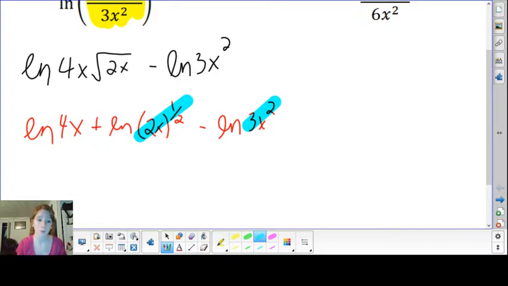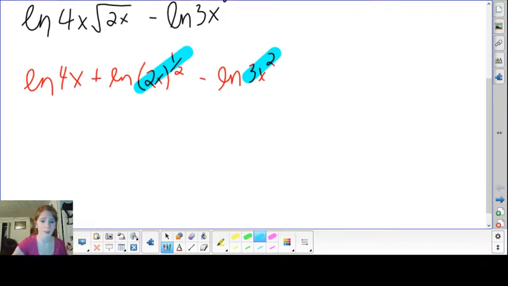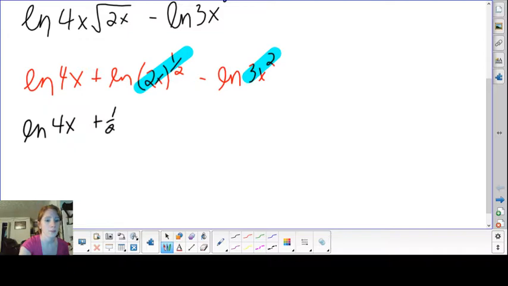We only get to use the properties in the second. So, continuing on, I have the natural log of 4x plus 1/2 times the natural log of 2x minus the natural log of 3x squared.